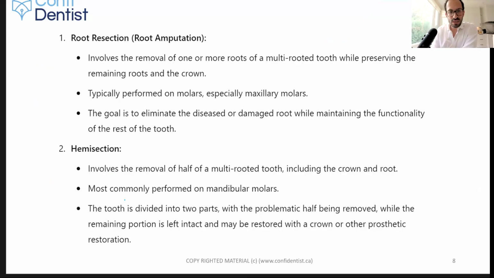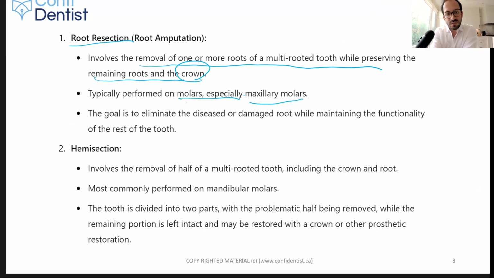So if we check the definition of root resection versus hemisection, we see root resection involves the removal of one or more roots of a multi-rooted tooth while preserving the remaining root and crown. So the crown is completely saved, typically on molars, especially upper molars, okay?